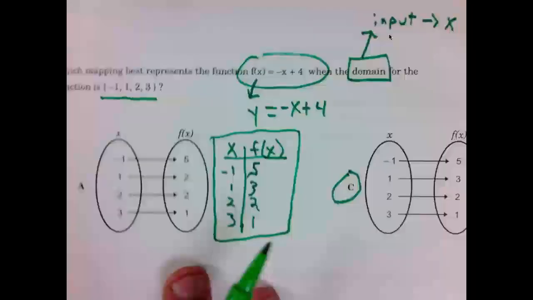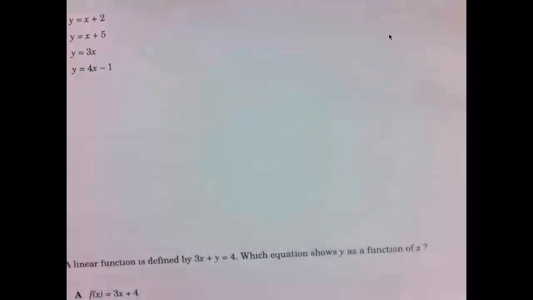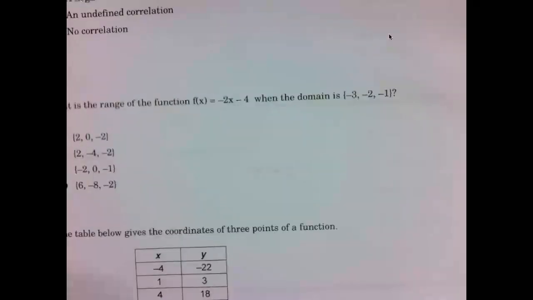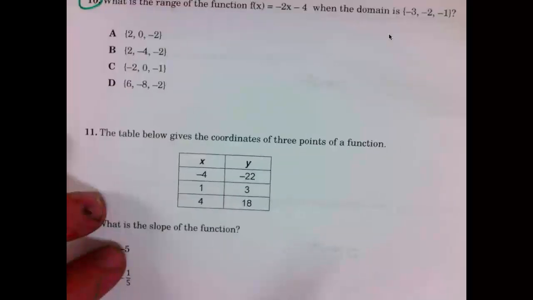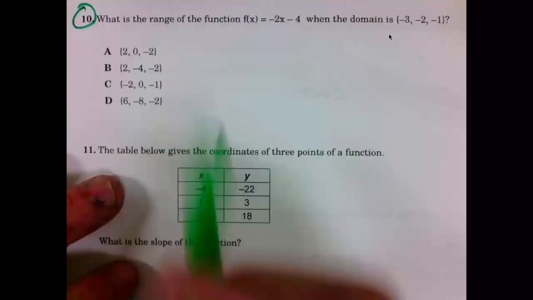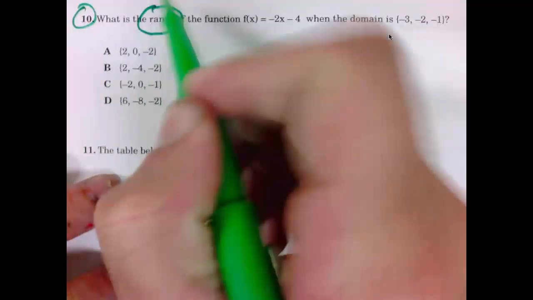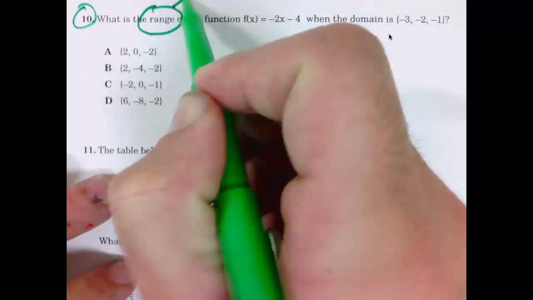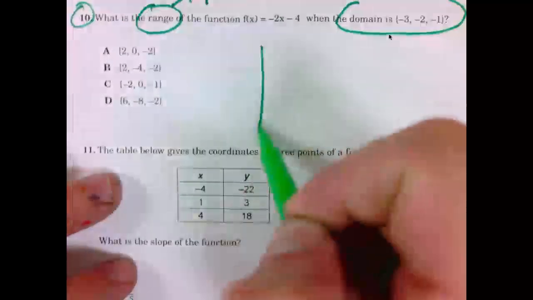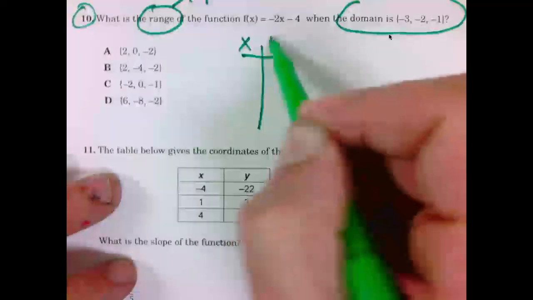Alright, the next problem we will look at using our calculator is number 10. Essentially the same question. What is the range, that is the set of outputs, range is the y, when the domain is negative 3, negative 2, negative 1? Well, again, x and f of x.